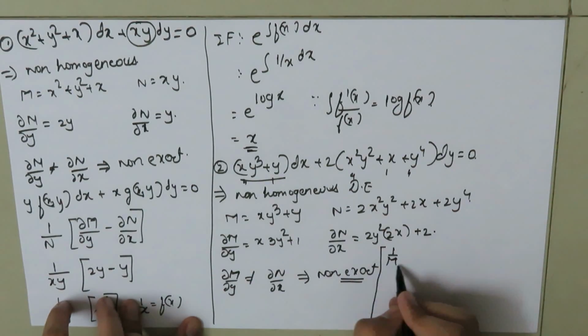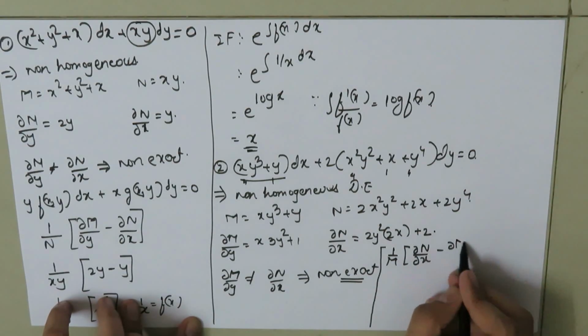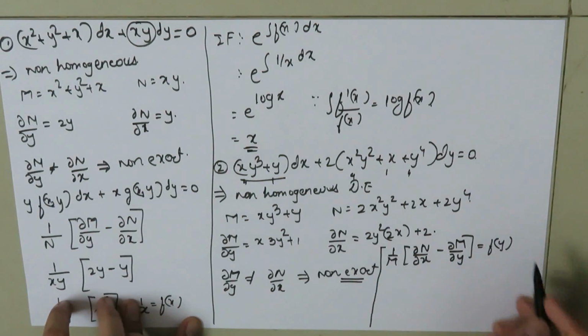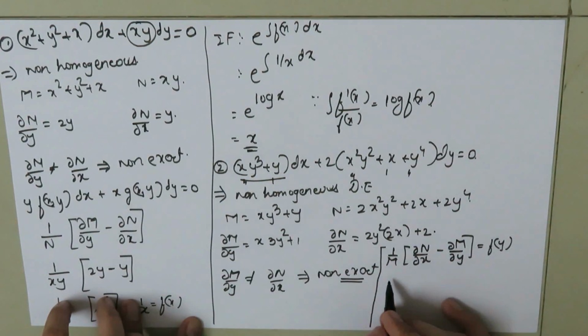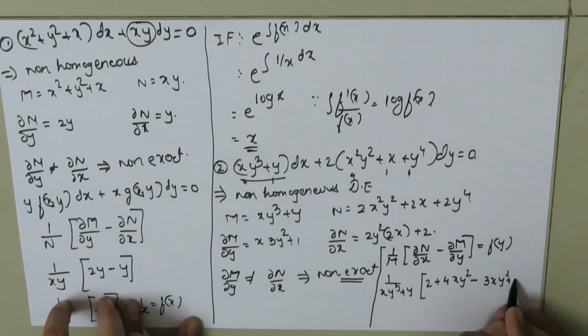So 1/M times (∂N/∂x minus ∂M/∂y). This should be a function of y. So let's find this out. 1/(xy³ + y) times (2 + 4xy² minus 3xy² minus 1).